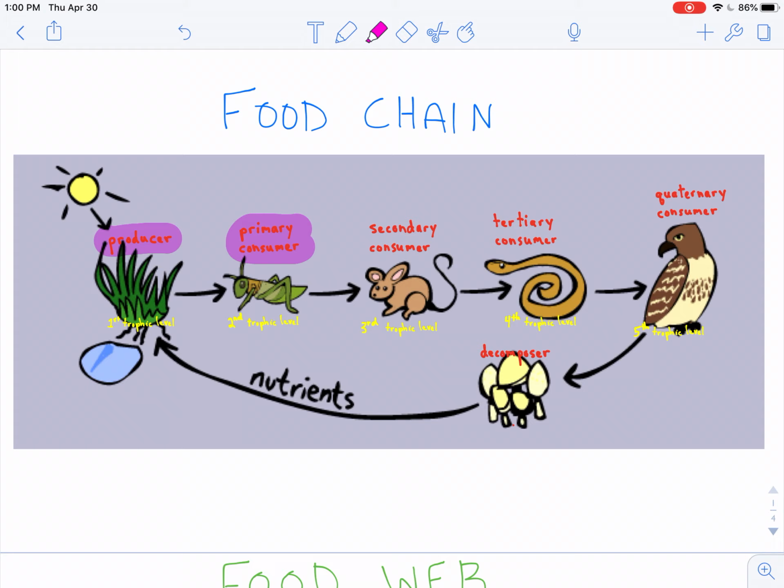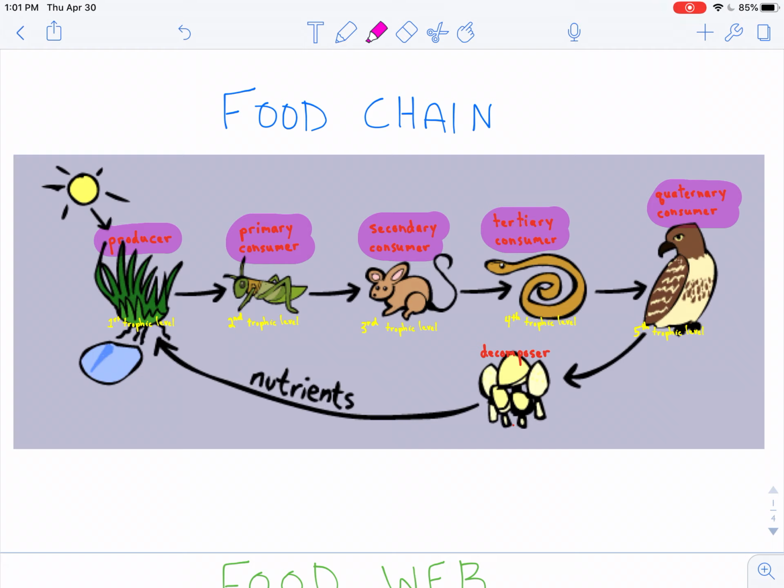The next step in the food chain are the secondary consumers, followed by the tertiary consumers, followed by the quaternary consumers, and so on. So those are the terms that you see most often. We really don't go past the quaternary consumer because usually there's not enough energy available to support more and more predators. So usually you only see about maybe 2, 3, 4 steps of the food chain.